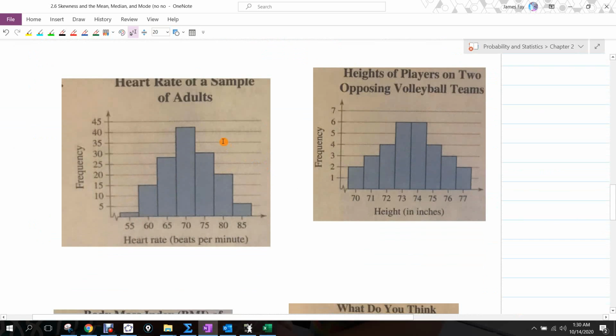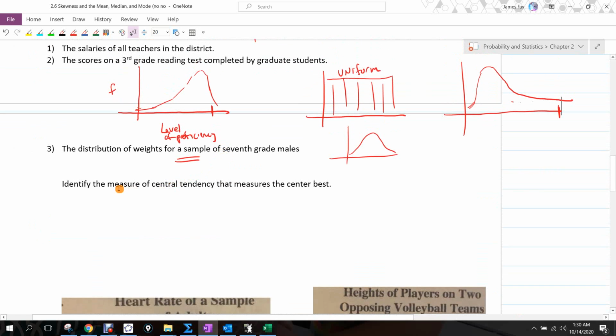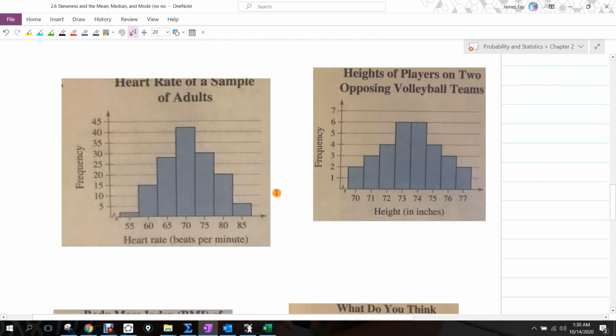Down here it says identify the measure of central tendency that measures the center best. Okay, so I'm going to look at this here, and it says heart rates of a sample of adults, and I question, okay, what is this distribution? What does it look like? To me, this distribution looks symmetric.